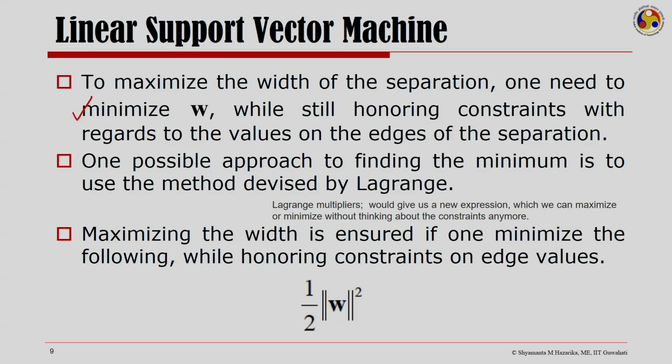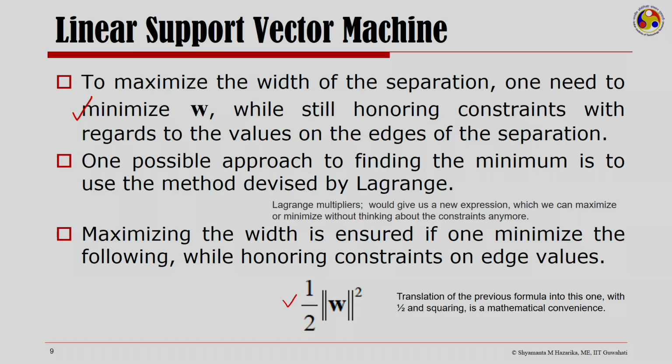So, all we look for minimizing is the term half W square. The translation of the previous formula into this one with half and squaring is just a mathematical convenience.